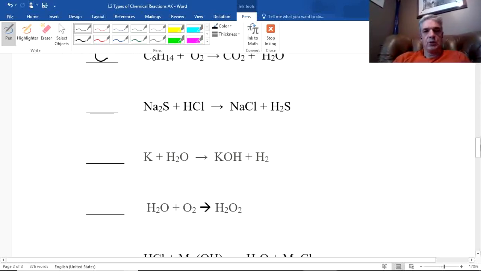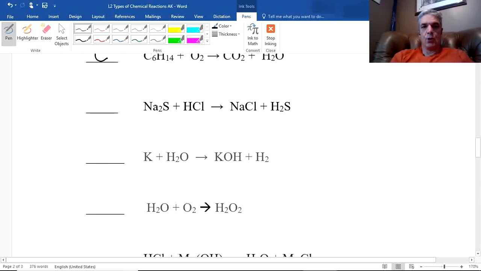The next one here, I have sodium sulfide and hydrochloric acid, HCl, or hydrogen chloride if you wish. I just know that this is hydrochloric acid. But what I see happens here is the sodium and the chlorine combine together, and the sulfur and the hydrogen combine together. So we're getting 2 partners trading.